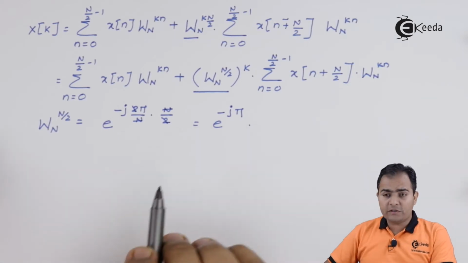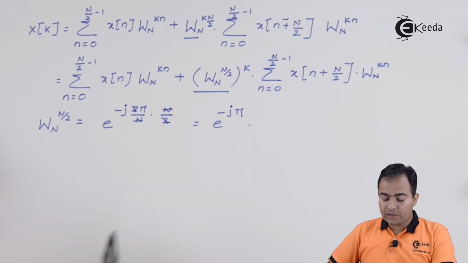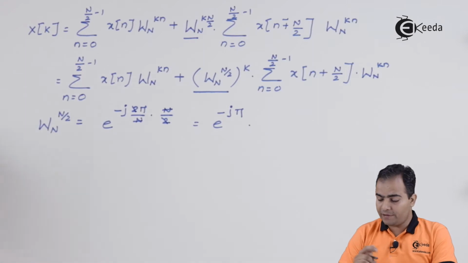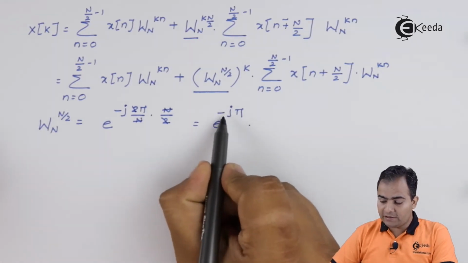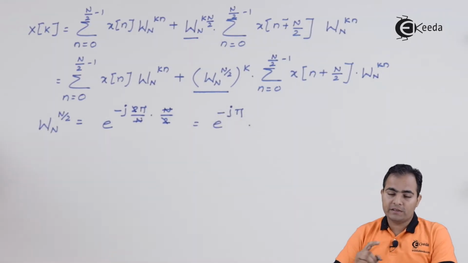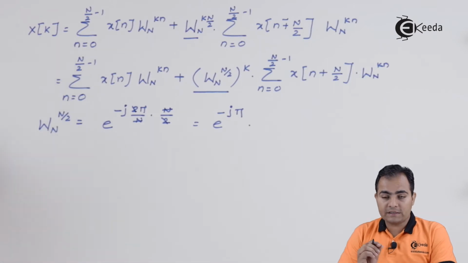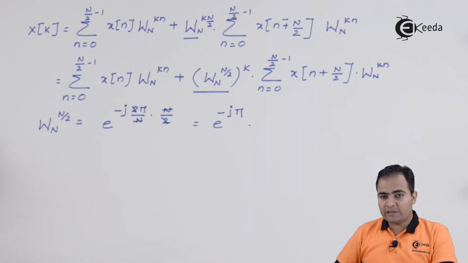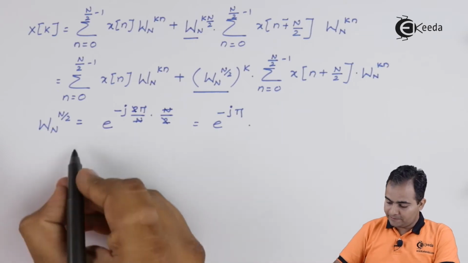Now, what is the formula of e to the power j theta? The formula is e to the power j theta is cos theta plus or minus j sin theta. If we have a plus or minus sign in the power of the exponential term, then that will affect the sign of the imaginary term. So right now we have a minus sign, so the imaginary term will also carry the minus sign.